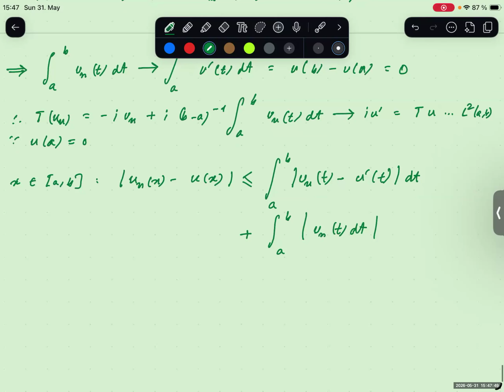Now observe that v_n converges to u prime in L1. So the right hand side tends to 0 as n goes to infinity.